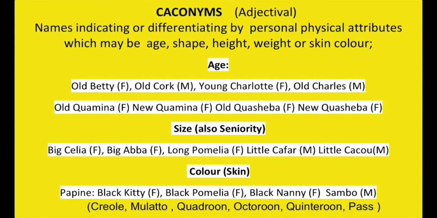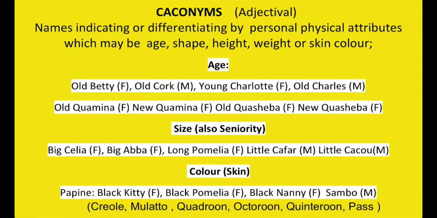So Big Celia and Big Abba could be mothers who had Little Celia and Little Abba. Long Pamelia, I'm not so sure what long referred to, if it was height or maybe the length of her neck. But Little Kafar and Little Kaku, we can imagine might have been younger boys. So it might be size, because size coordinates with age at some point.